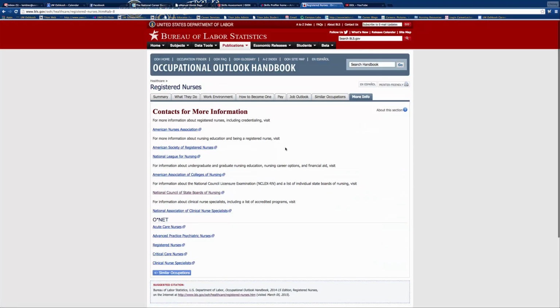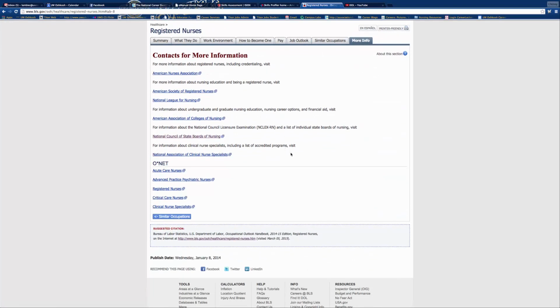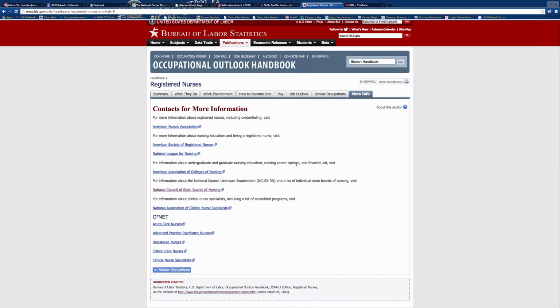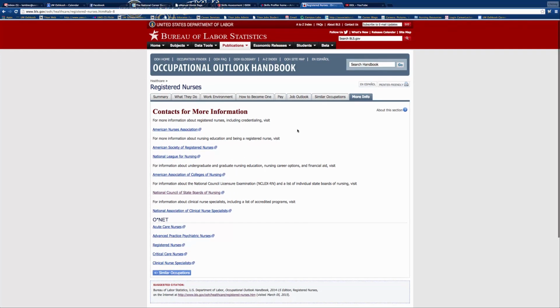Then you also have the more information. So just like within Career Locker, they have links to professional organizations that are going to also have some good information about career opportunities. It's linked again to O*NET. Between the BLS and O*NET, they're always pretty well connected. So that's typically what I use the Bureau of Labor Statistics for, is really just the Occupational Outlook Handbook.